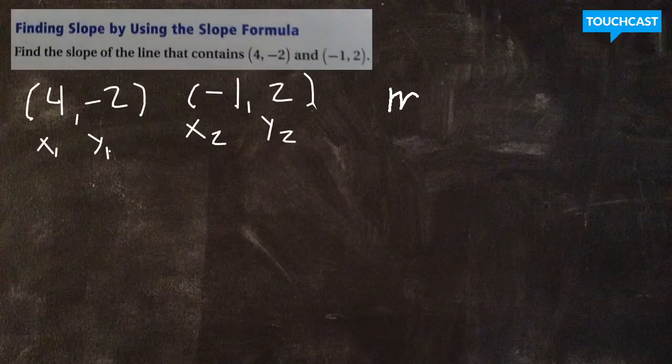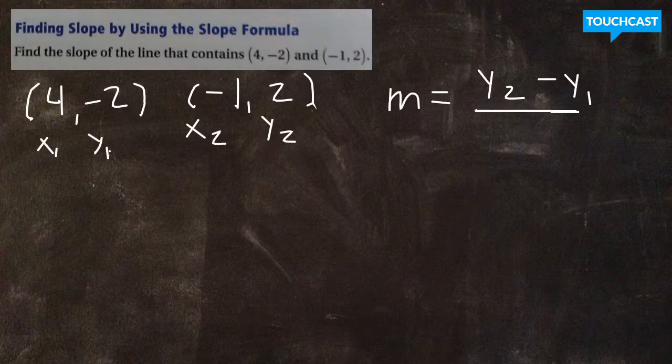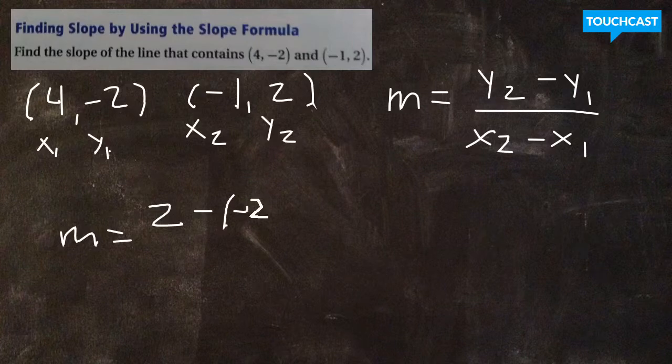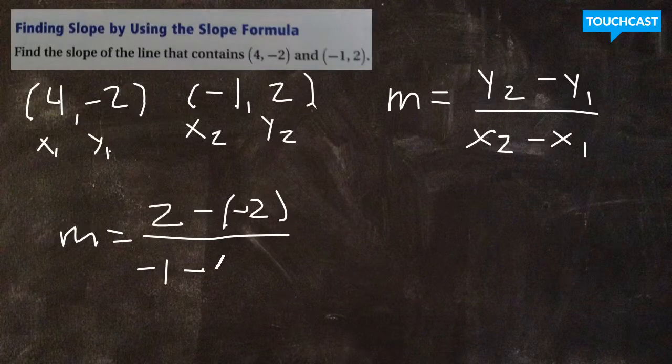So now let's look at the slope formula. Remember, the slope formula is m equals y2 minus y1 over x2 minus x1. So we're going to write this as m equals 2 minus -2 all over -1 minus 4.